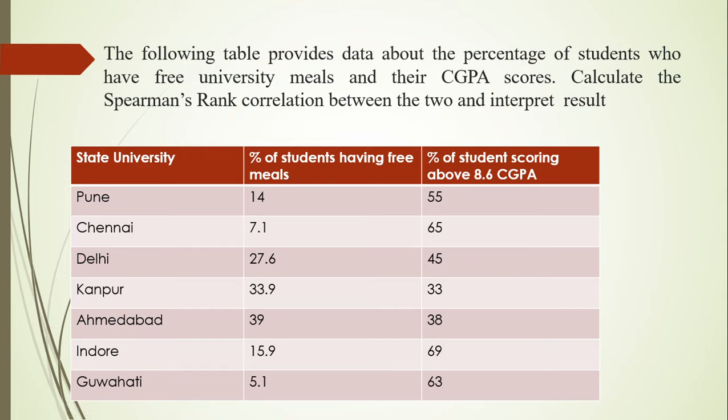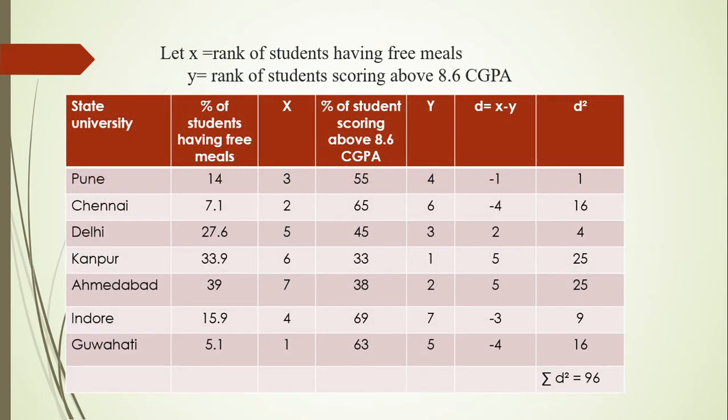So let's prepare this table, and then we have to replace the values in the formula. Let's consider x is equal to the rank of the students having free meals, and y indicates the rank of the students scoring above 8.6 GPA. So the data in the example is 7 universities, the percentage of students having free meals, and now let us assign the rank.